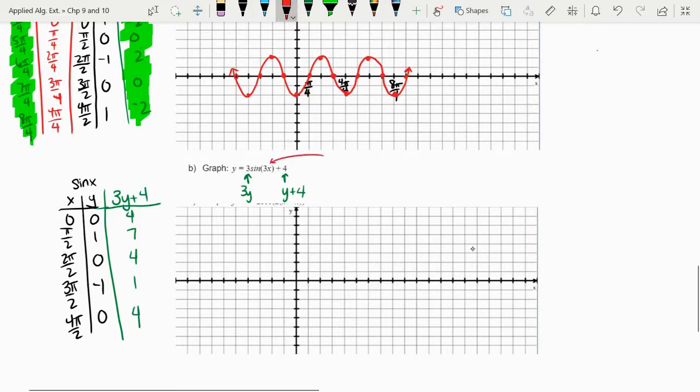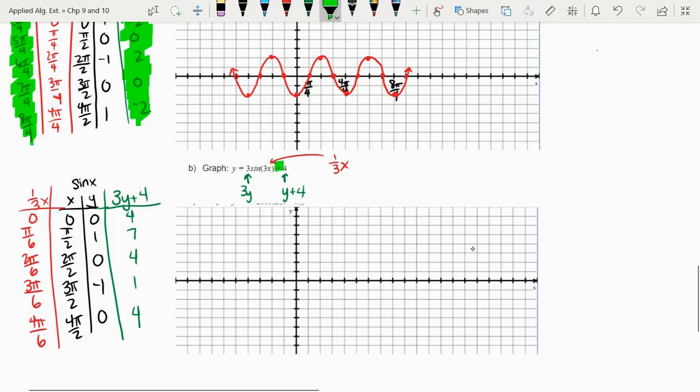That's going to be the 3, and it's going to be 1/3 times the x's. So 0, pi over 6, 2 pi over 6, right? For us, this is essentially just going to change all of our denominators. All right, and then we're going to start graphing.